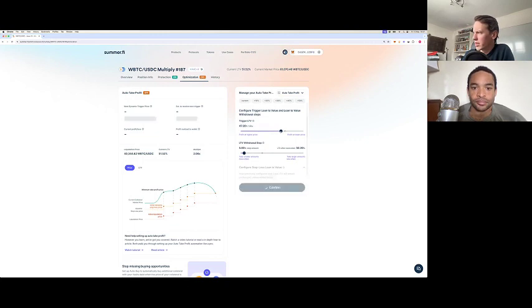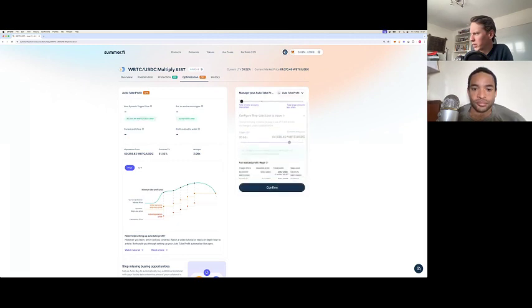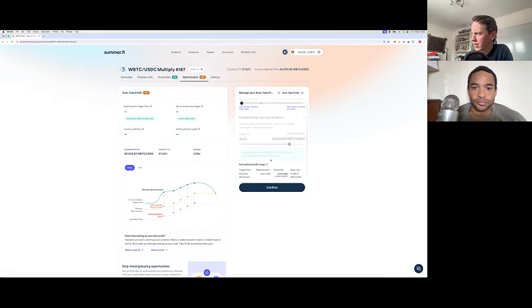So let's say you want to have it from 48 to 50 each time. Yeah, 50, 50.1, that's fine. Then in this case, you don't need to configure the stop loss loan to value because you already have a trailing stop loss trigger set.